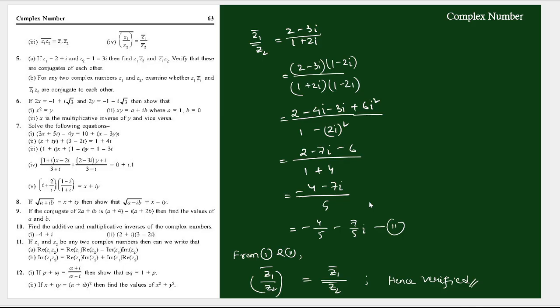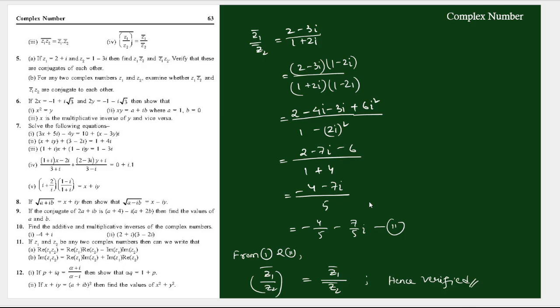What is 5b? For any two complex numbers z1 and z2, examine whether z1 into conjugate of z2 and conjugate of z1 into z2 are conjugate to each other. Here z1 and z2 are not given.